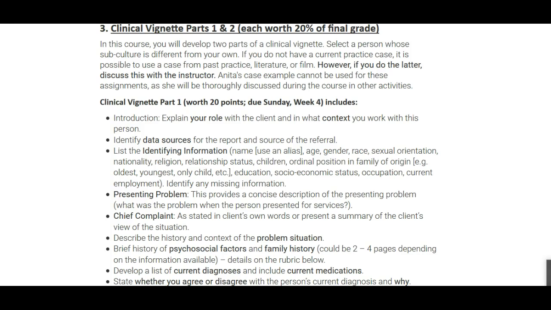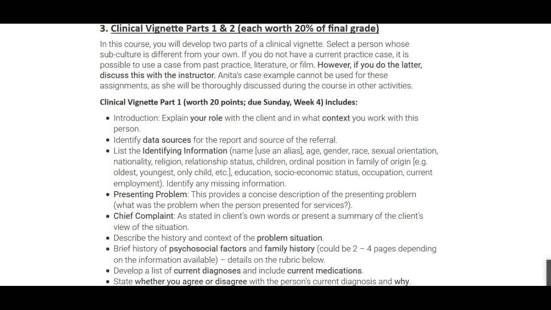So identify the data sources for the report. You want to explain where you're gathering your information. So the client has a chart that was transferred over from their previous treatment center. Identify if they're coming to you court mandated, so you have those records. Explain why you're working with the client, like where they're coming from.